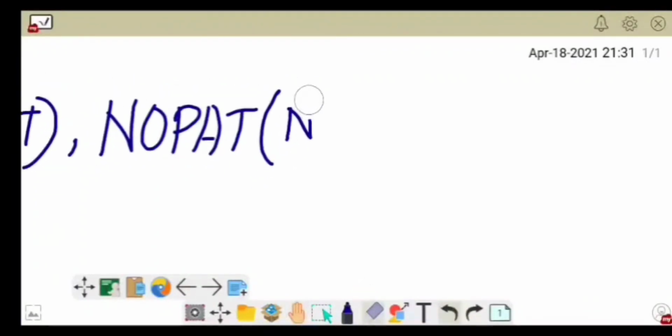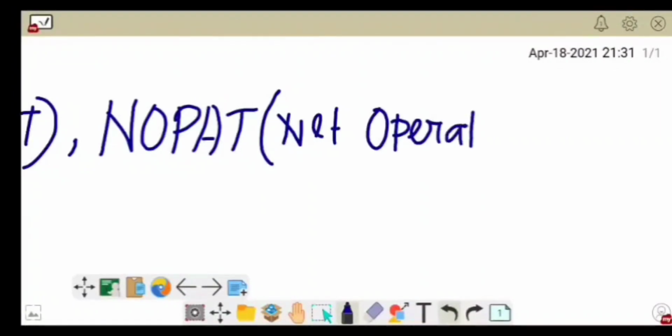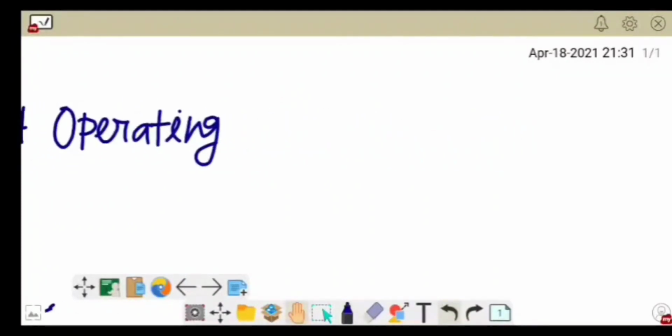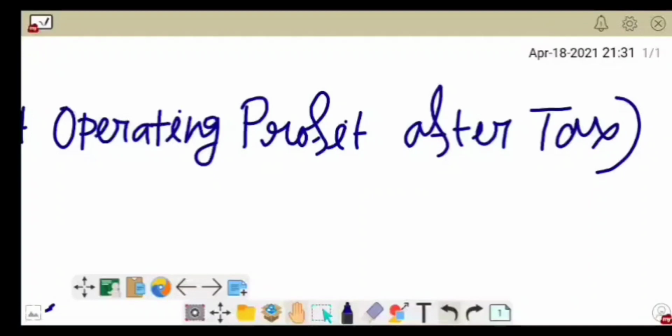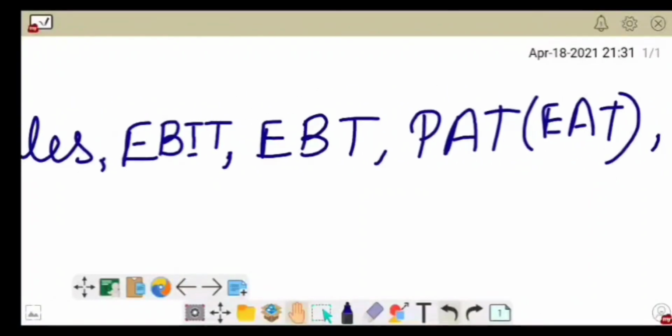I think you know the meaning of NOPAT, that is net operating profit after tax.